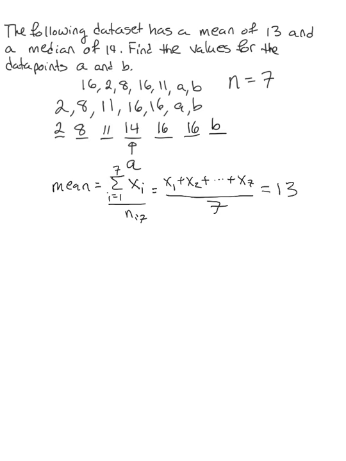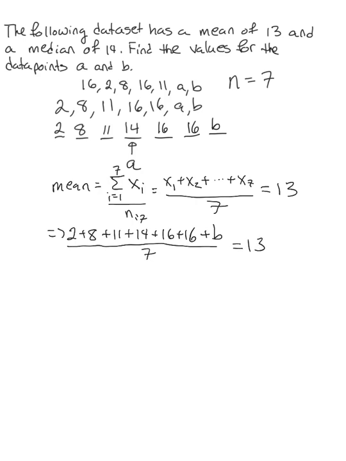So now what we can do is take all of our values and plug them in here. Doing that, this will give us 2 plus 8 plus 11 plus 14 plus 16 plus 16 plus our unknown value of B, divided by 7. And that's going to be equal to 13.